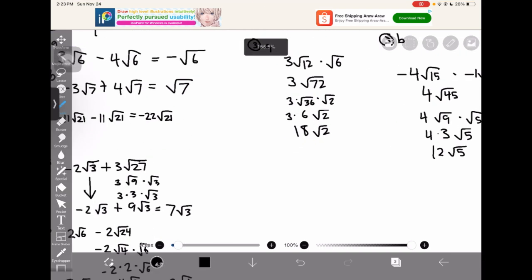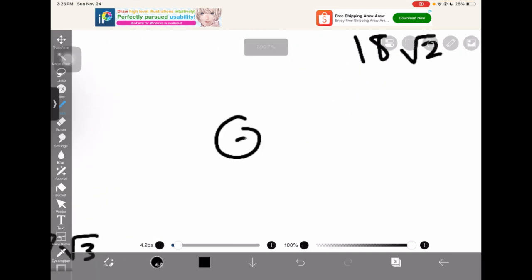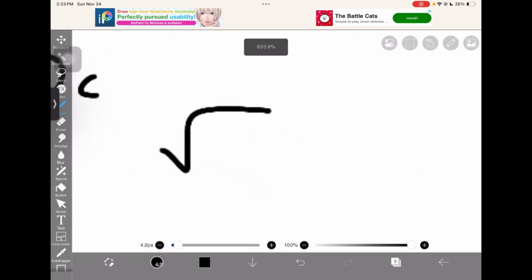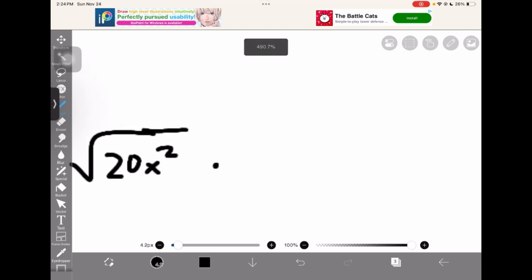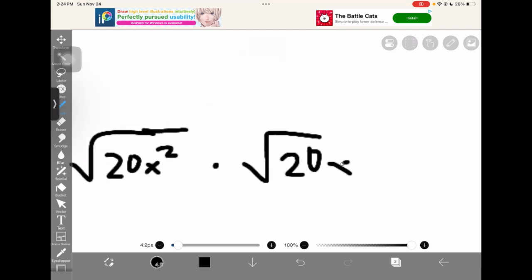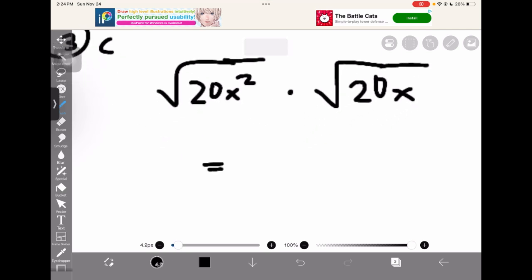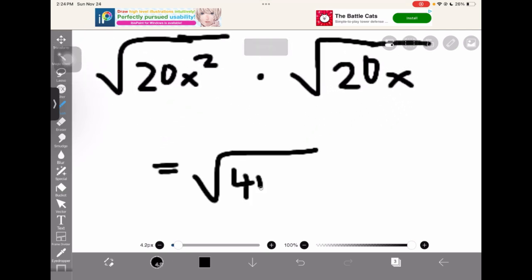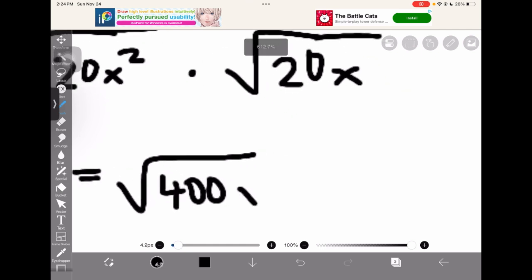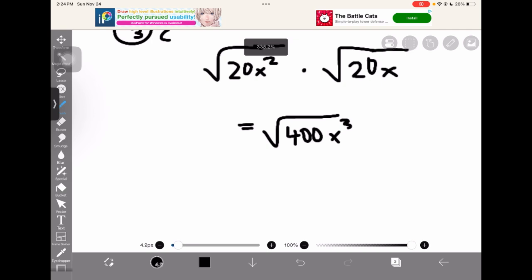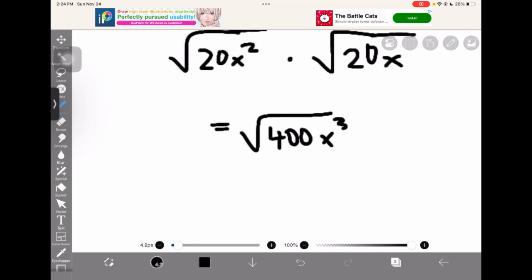Okay. Next is 3c, which is simply just square root of 20x squared times square root of 20x. So let's multiply these two. So it's going to be equal to square root of 400 x cubed. However, 400 is actually a perfect square number.